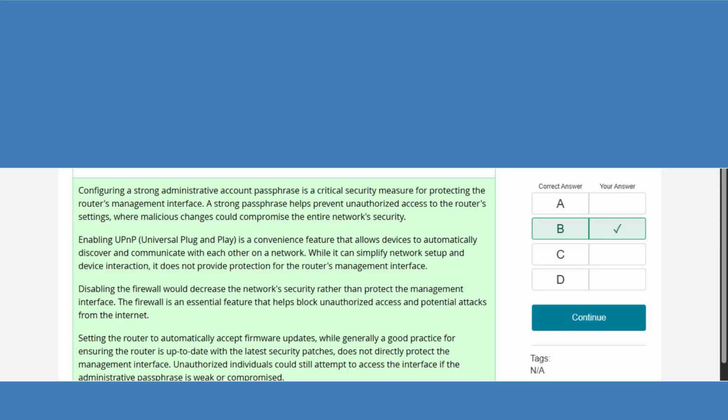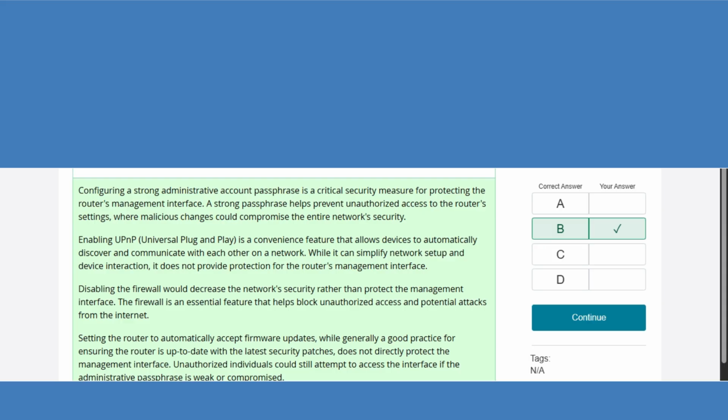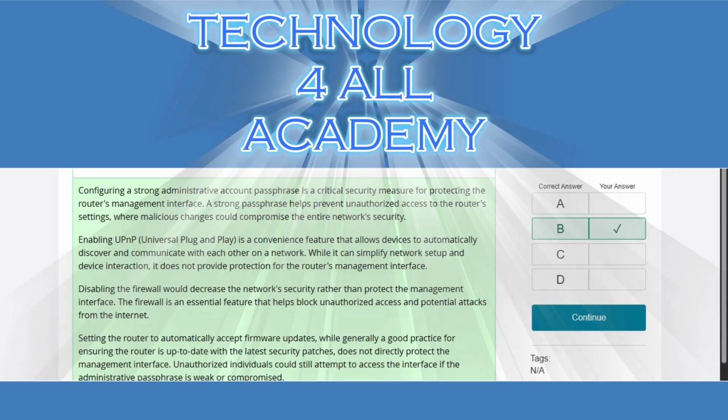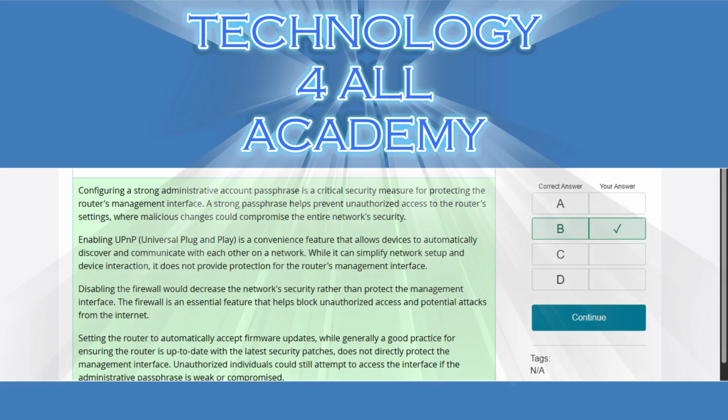And for the incorrect explanation, enabling UPnP, which is universal plug and play, is a convenience feature that allows devices to automatically discover and communicate with each other on a network. While it can simplify network setup and device interaction, it does not provide protection for the router's management interface.